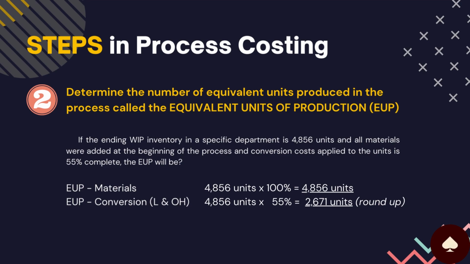It does not imply, for instance, if the products are chairs, that the units are 60% complete, and that there are no legs for the chairs. The concern in process costing is the percentage of the labor and overhead as to completion. With that, we derive that percentage to assign the EUP for conversion.